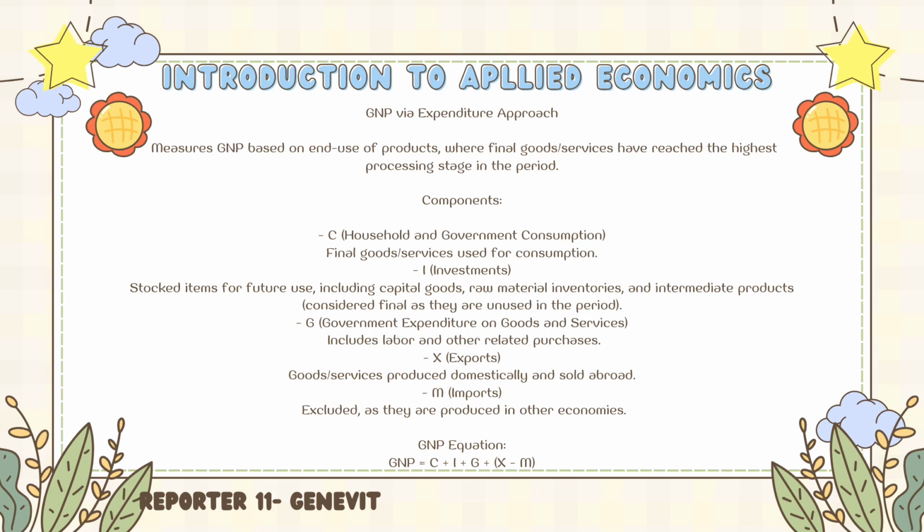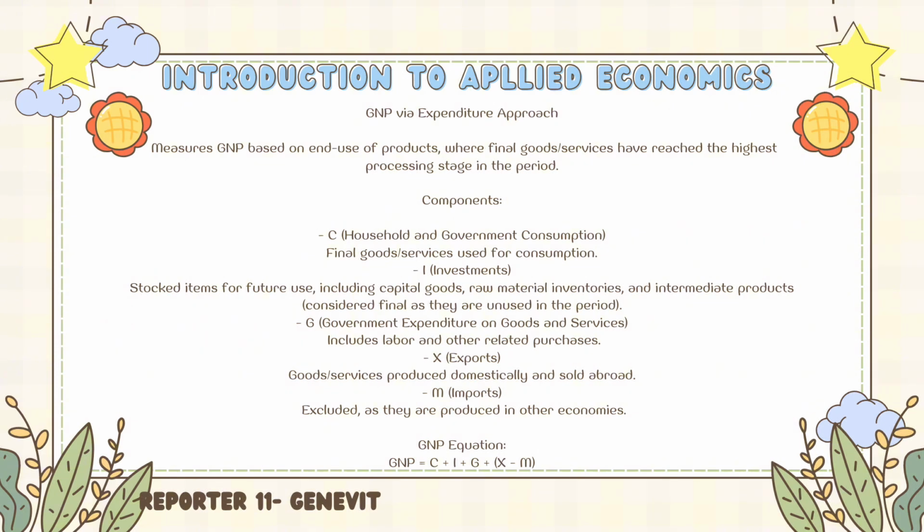X is for exports, the goods and services made within the country and sold to buyers in other nations, contributing to the domestic economy's output. The M is for imports. These are goods and services we bought from other countries, so they are excluded from GNP calculations because they are produced outside the domestic economy.